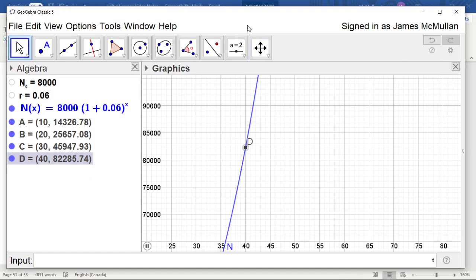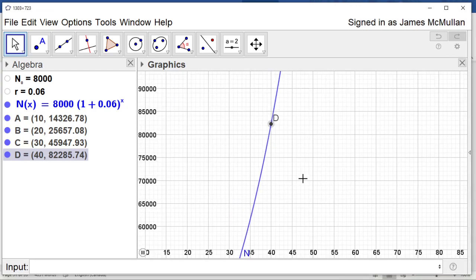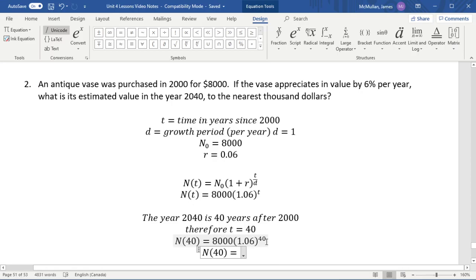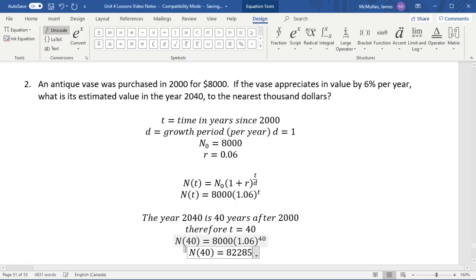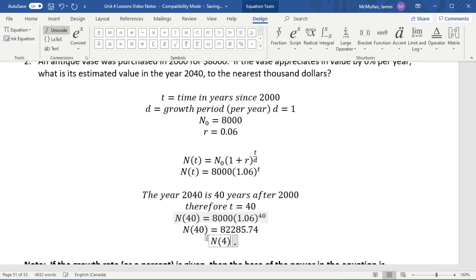Interesting how these things work. It doesn't seem like 6% is such a big deal, right? And yet 6% growth over a 40-year period is an extreme increase in value, right? Okay, anyway, N of 40 we said was 82,285.74. And we had to round to the nearest thousand, so N of 40 is $82,000.